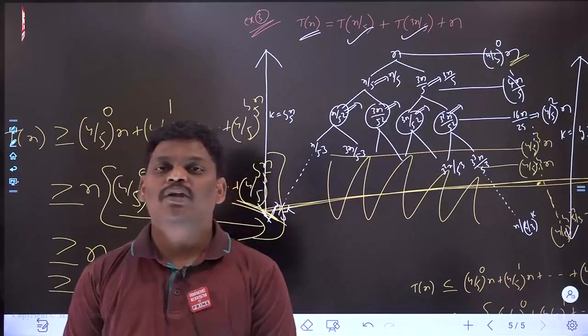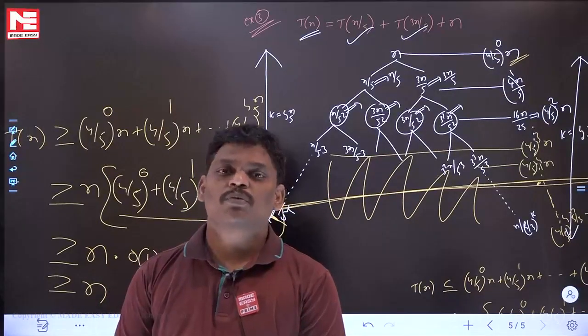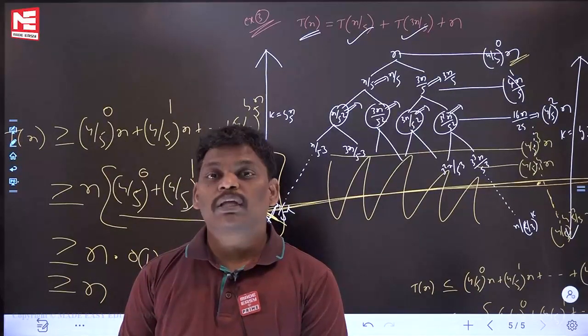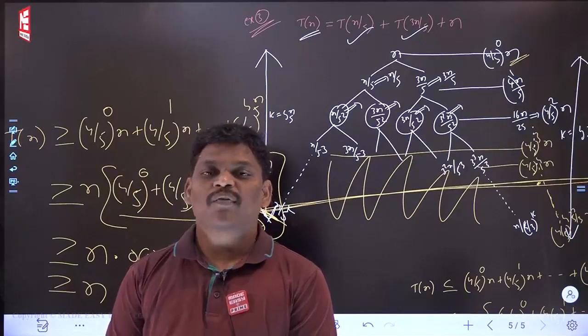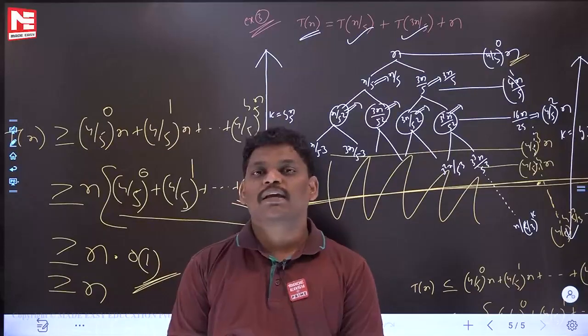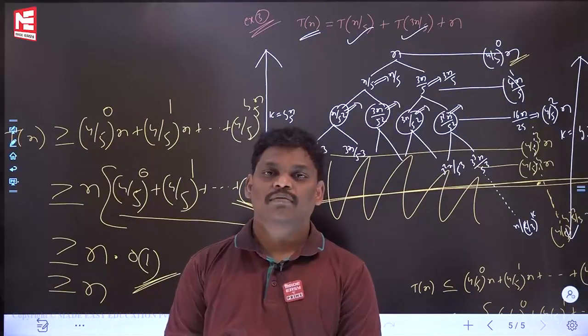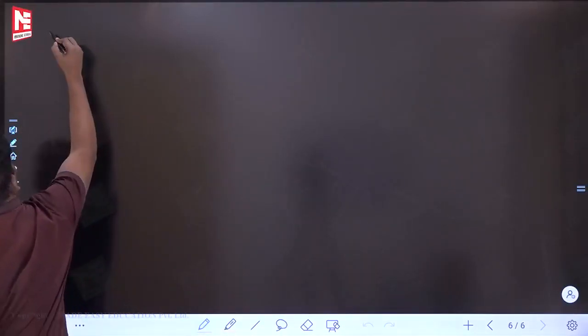Here, every level's value is not n. Some difference is there. Here a series came, in the first problem no series came. In the second problem, you divided equally, so every level came the same. These are 3 different problems. Please take care about these 3. If any problem is given, directly or indirectly, it is one of these. Fine. 3 examples are over, so you are almost okay.